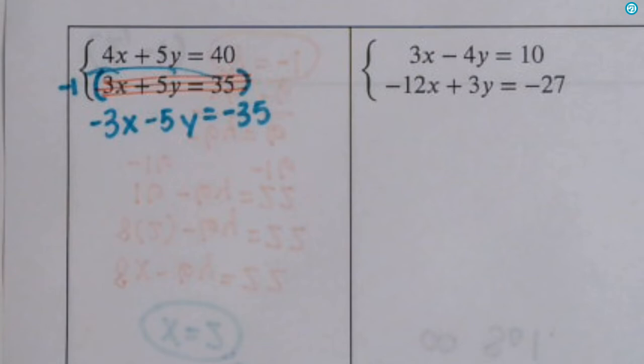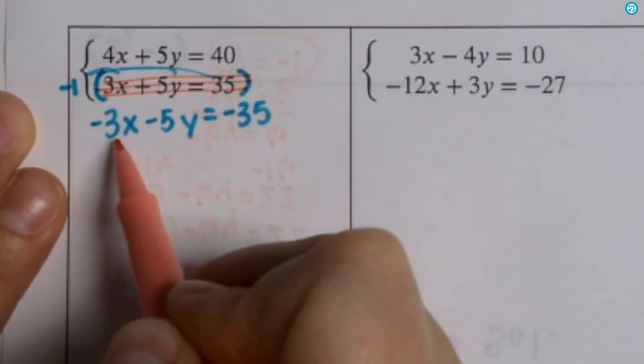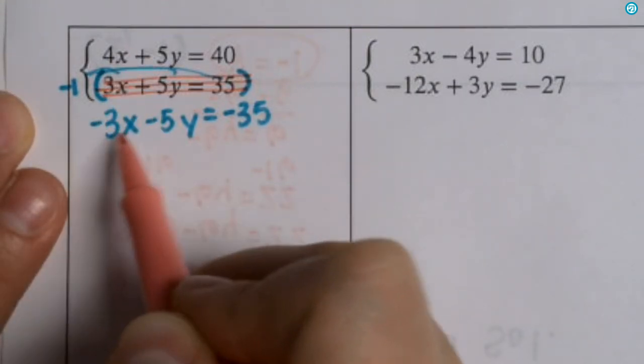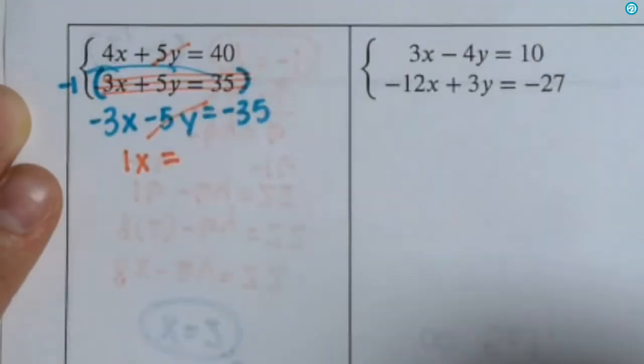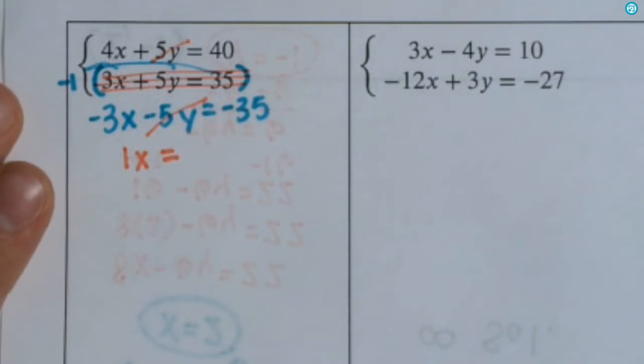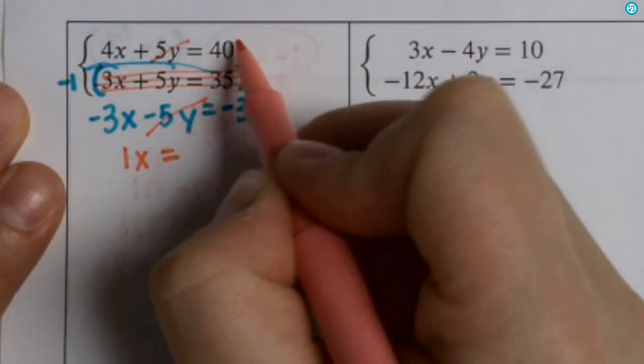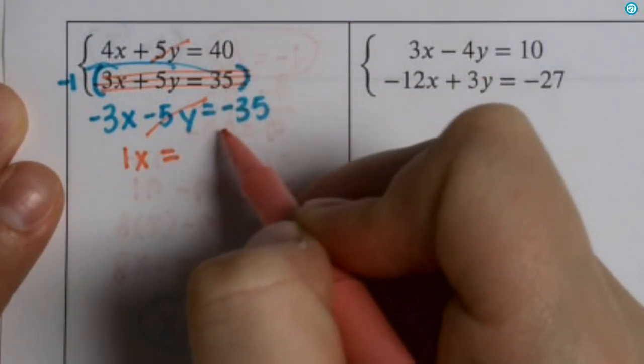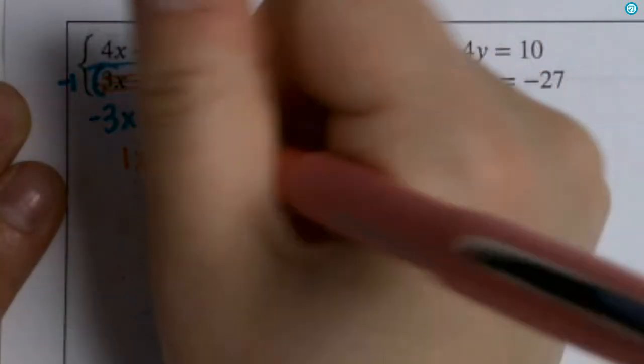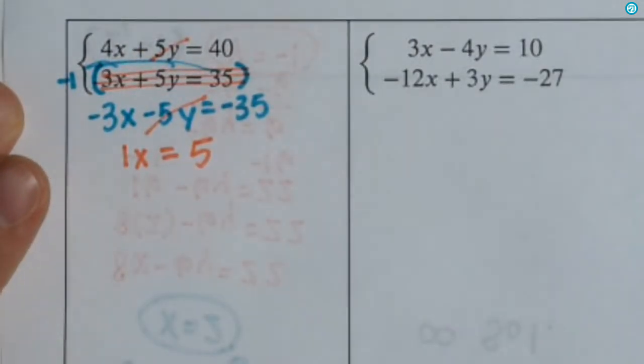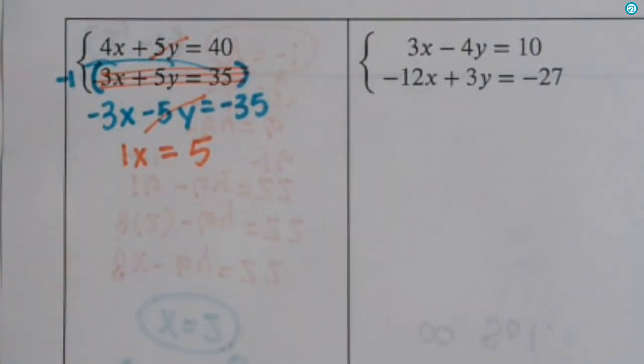When I go to add these, I'm going to do 4x plus -3x, that's 1x, equals, because this 5y and -5y cancel out, 40 minus 35, or 40 plus -35, same thing, 5. So I get 1x equals 5. One x equals 5 is the same thing as just x equals 5.